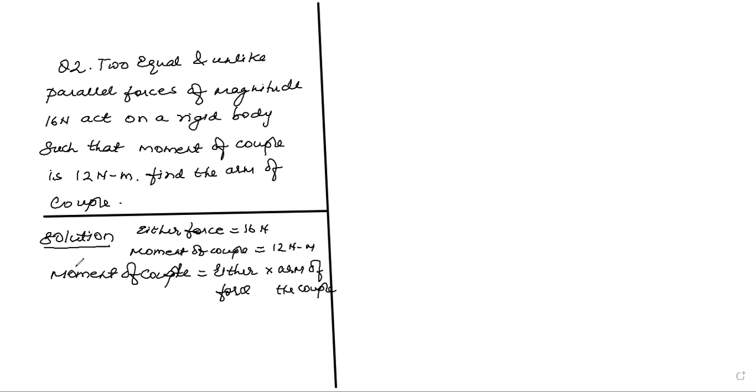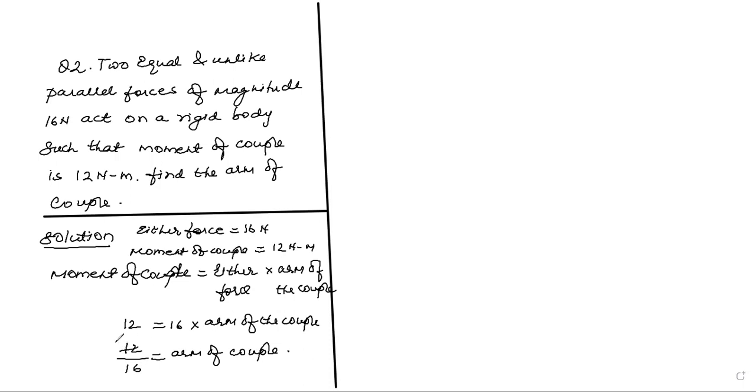So now you can substitute in the formula. Moment of couple 12 is equal to either force, 16, into arm of the couple. Arm of the couple is nothing but the distance between the two forces. So you get 12 upon 16 is equal to arm of the couple.